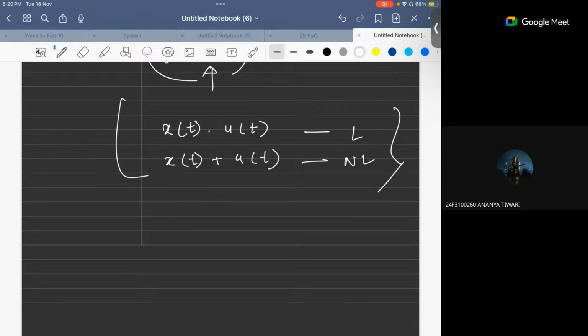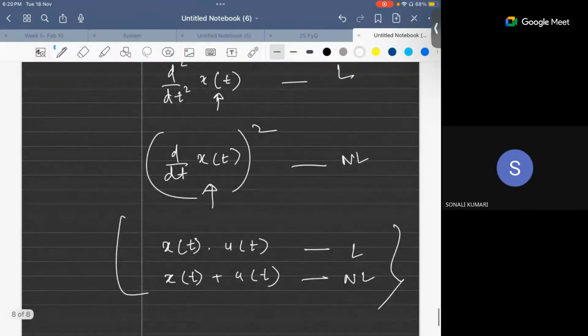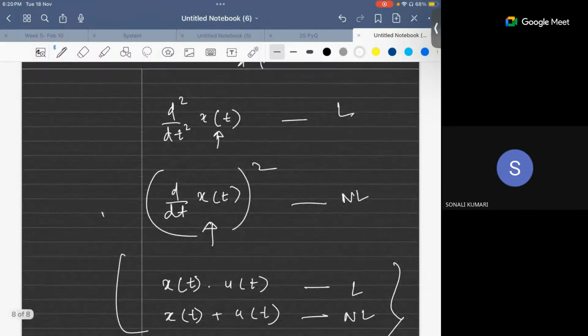Sonali wanted to ask something. Yeah, Sonali, go ahead. So basically, integration and differentiation for all the functions is linear, right? Yes, everything is linear, but you have to check how the system is represented. If it is the square of that system, this is not linear, so it will make the system non-linear, correct?